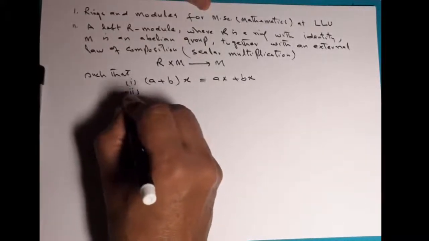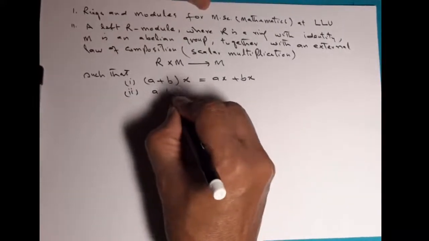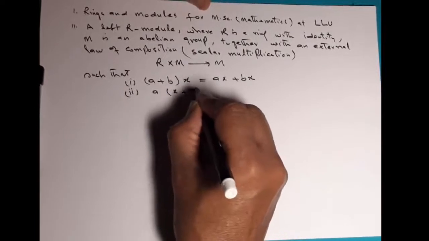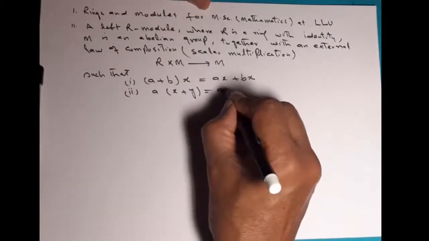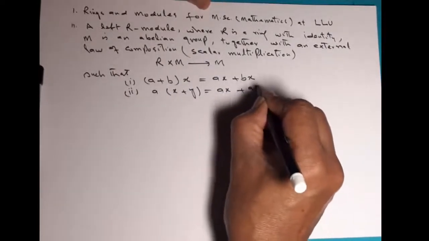Secondly, A multiplied with (X plus Y) is equal to AX plus AY.